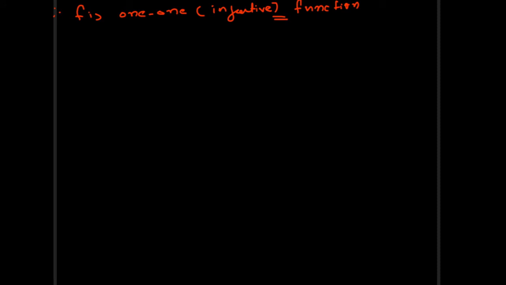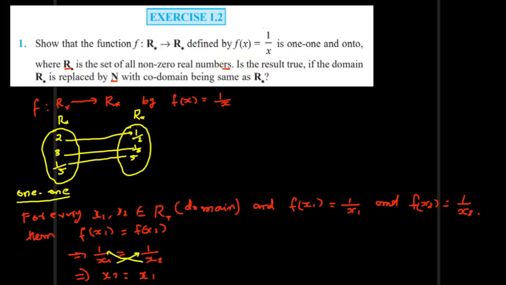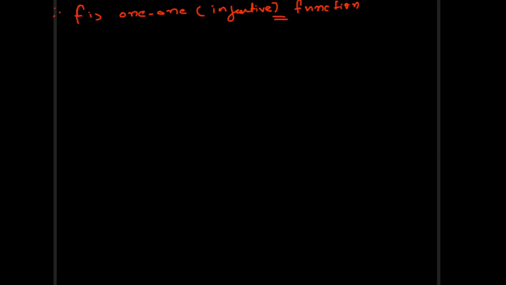Clear? This way, for every x1, x2, if f of x1 equal to f of x2, then x1 equal to x2. Next we have to show whether the function is onto or not.